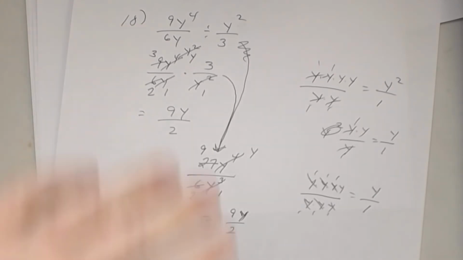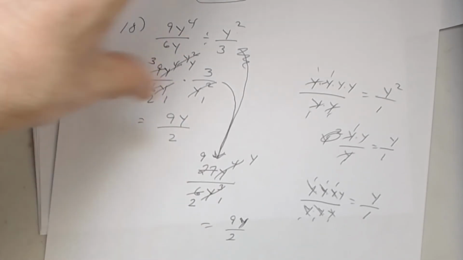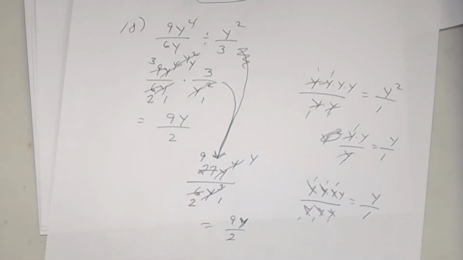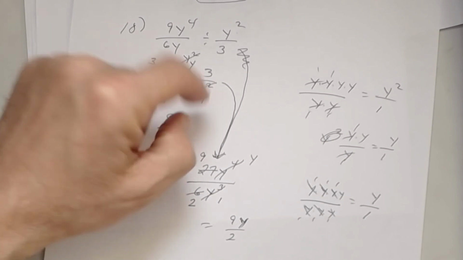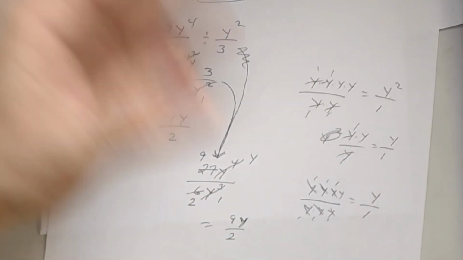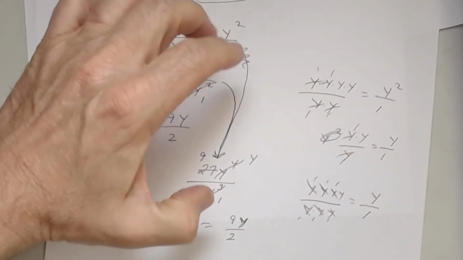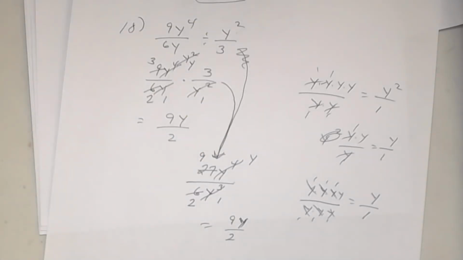So we're going to learn how to get the same denominators with polynomials. Okay? But in order to be able to do this, you have to know how to factor. You have to know how to factor. If you don't know how to factor, you're going to be struggling with these. Okay.